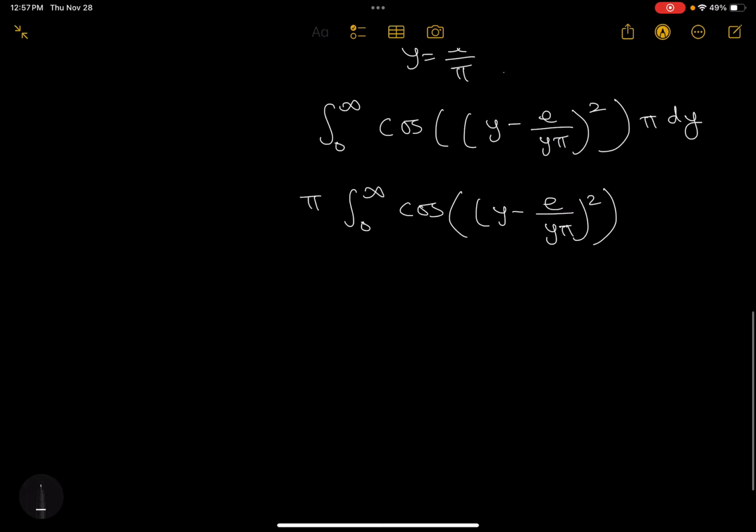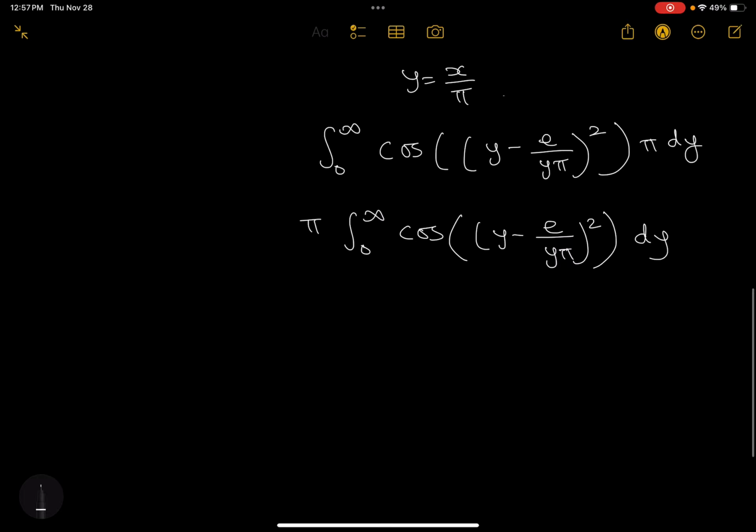Now this will be pi times the integral from 0 to infinity of cos of (y minus e by y pi) squared dy, right? Now to use Glasser's theorem, I need a u of the form x minus a positive number a1 by (x minus b1), again a2 by (x minus b2), and it goes on. Over here also I can have the same form.